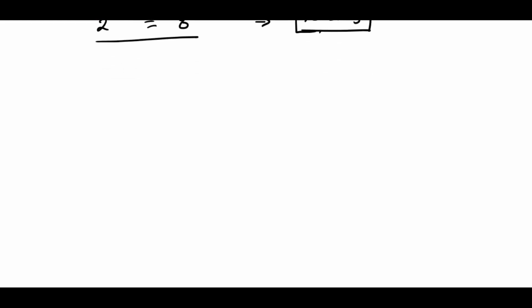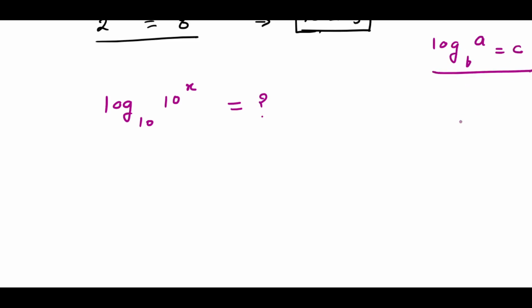Now let us discuss what value I will get if I have log 10 to the power x, base 10. Now I have to find out what its value is. So what we do here, I will keep the concept that if I have log a to the base b is equal to c, then I can say that b power c is equal to a.